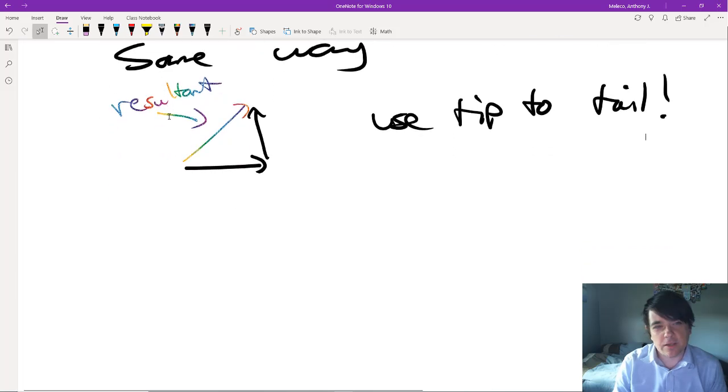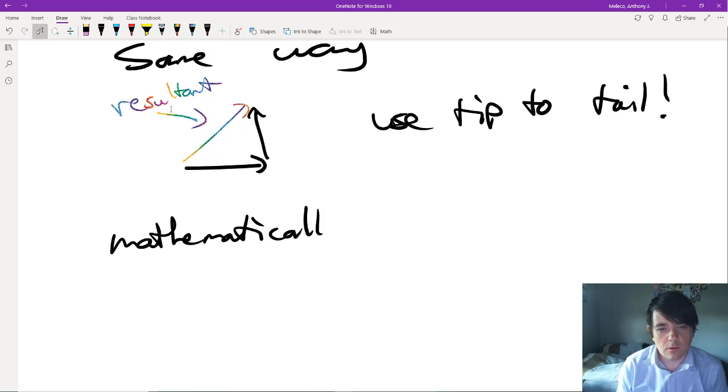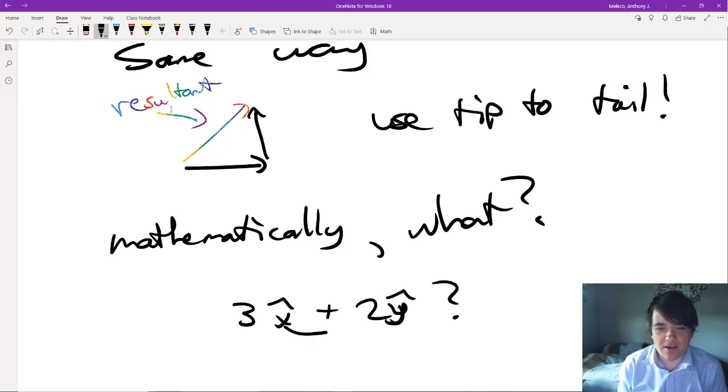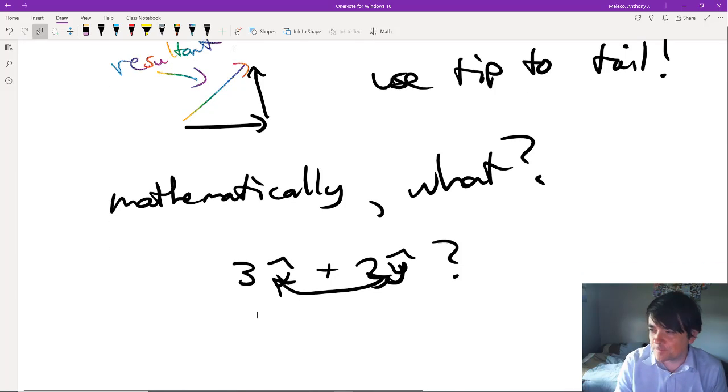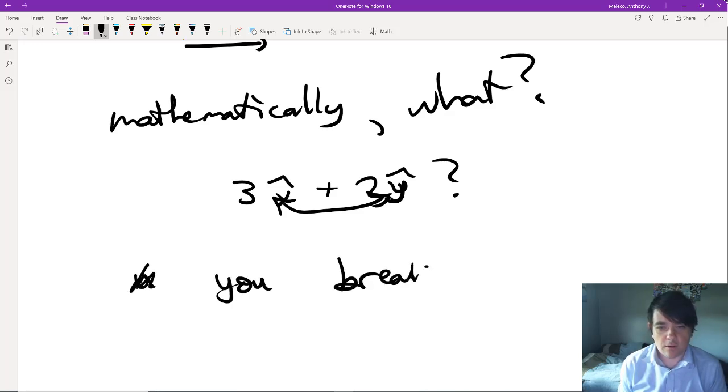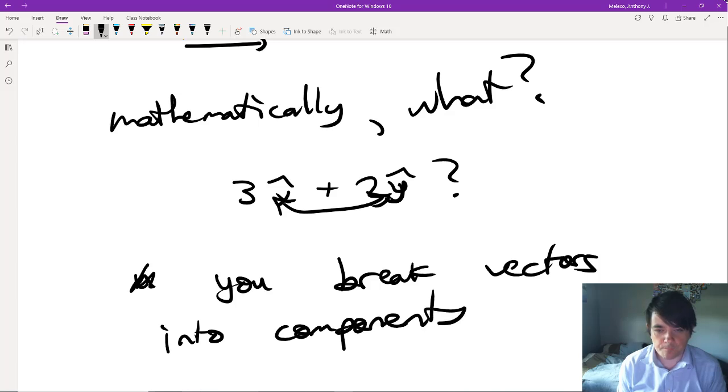But mathematically, what? Because you can't do, like, 3x plus 2y, right? What does that even mean? You can't add x and y together. So what do we do? The answer is you break vectors into components, okay?